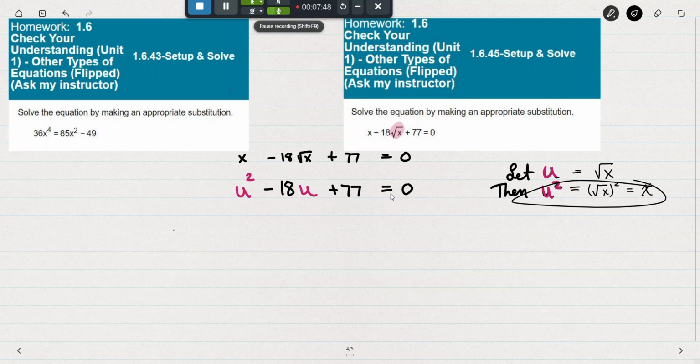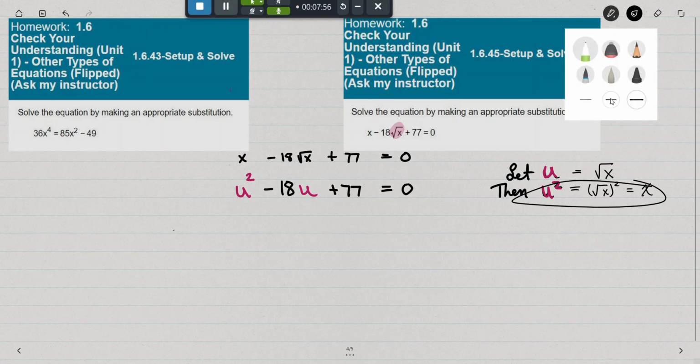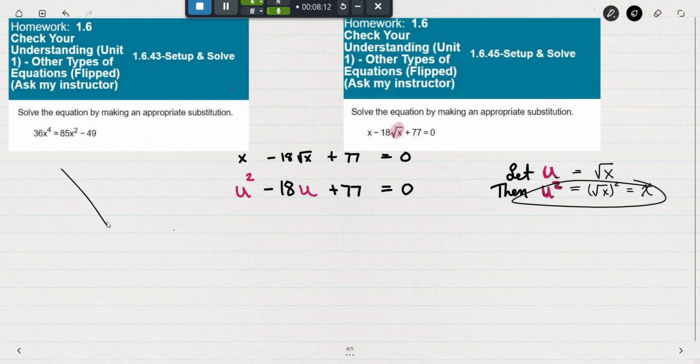And now I'll solve this quadratic equation for u. And don't forget, when I finish solving for u, I'll need to go back and do the back substitution to solve for x. But starting with solving for u, I can see that this will factor because I know that 7 times 11 is 77, and that if I made those both negative, the negative 7 plus negative 11 is equal to negative 18.